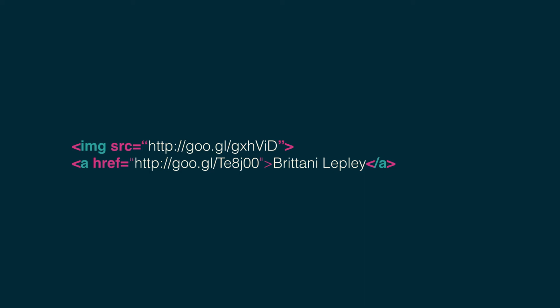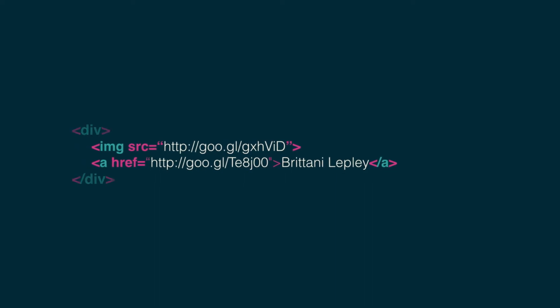So hopefully you've had a chance to do that. And we're going to wrap those in a div. Just because the image and attribution text all exist as one object, or one main point, we're going to wrap it in a div, looking forward to styling it with CSS.